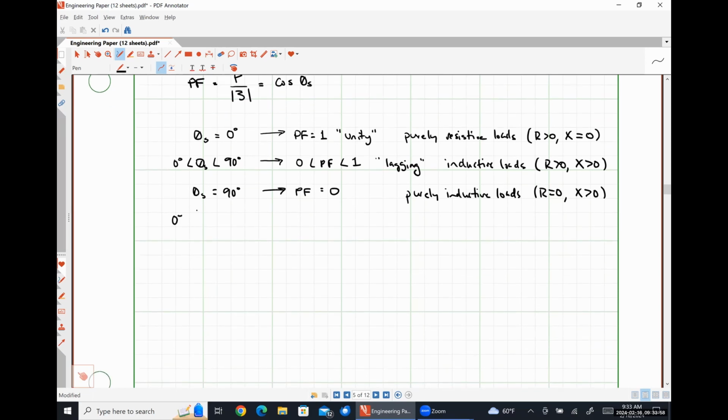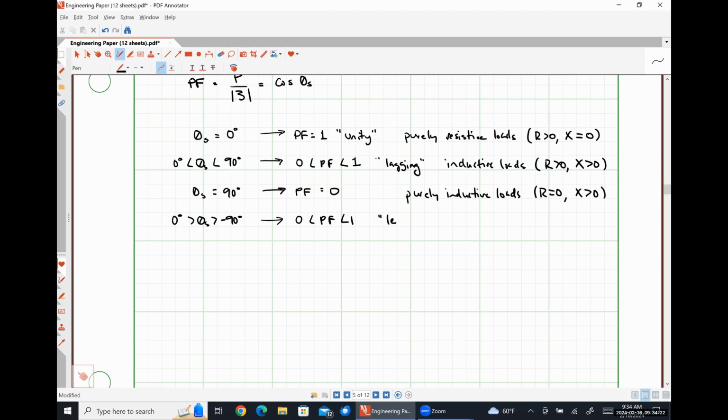If 0 degrees is greater than theta S is greater than negative 90 degrees, our power factor is still going to be between 0 and 1.